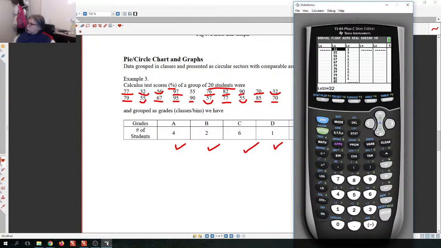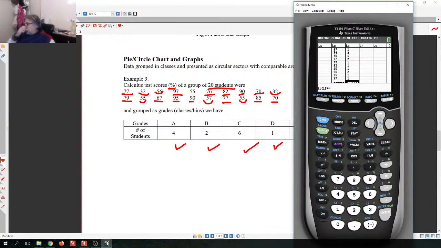Is there any more 85s here? No, it's only once. 90 I have twice, so I'm going to delete 1. 95 I have once, and 97 I have once.